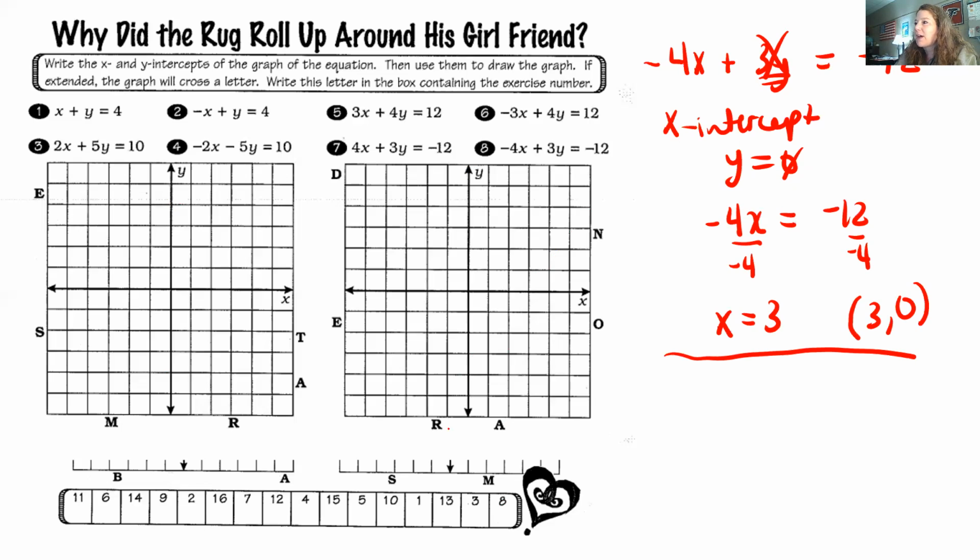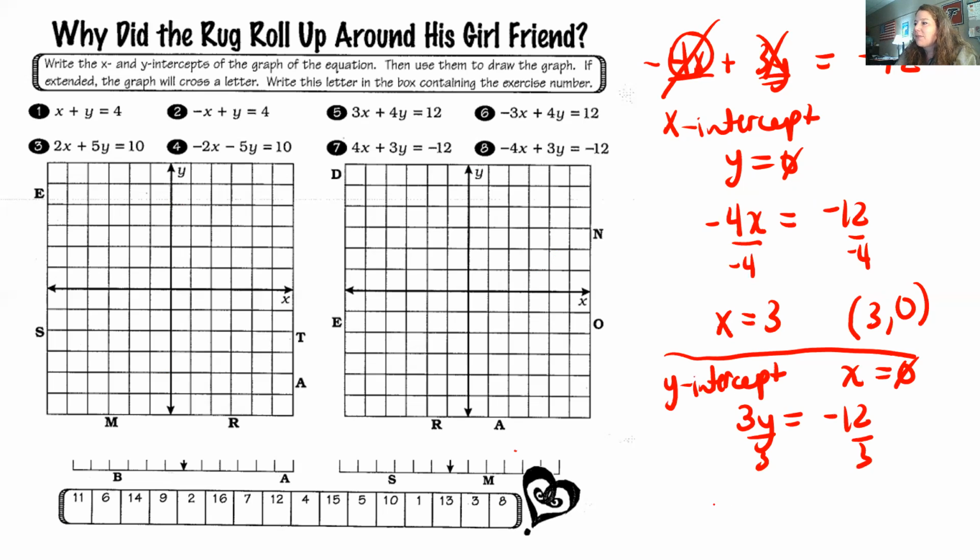All right, so then when we find the y-intercept, what does that mean? That means you're going to make x equal 0. So what's -4 times 0? 0. So we would end up with positive 3y equals -12. When I divide by 3, I find out that my y value is -4 when x equals 0.